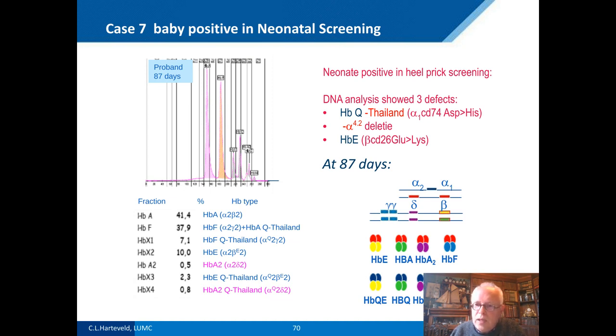So now you have not anymore the hemoglobin Bart's, because that disappears in such a mild alpha thalassemia, but you have the appearance of hemoglobin A2 and the hemoglobin Q-Thailand A2. So now you have here the different peaks. There are 7 peaks and 8 different hemoglobin tetramers, again because 2 are overlapping.